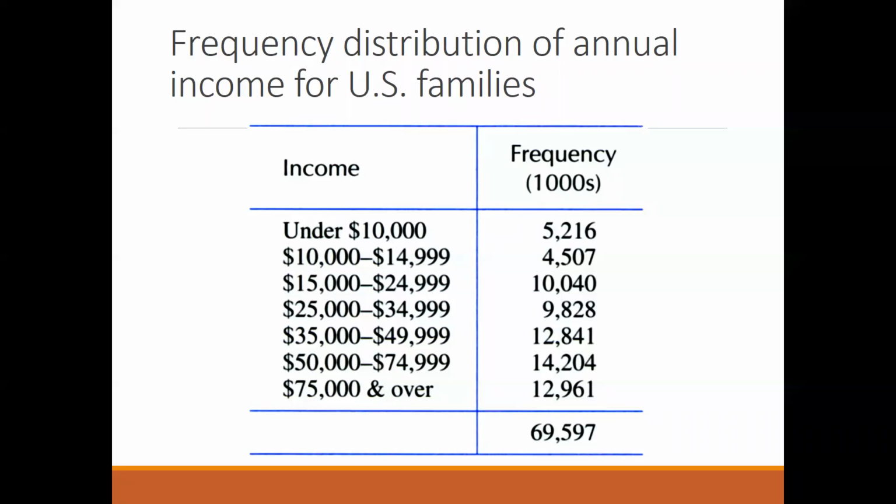Yes, anyone? What is the probability that the salary of the family lies between 15,000 and 49,999? There's something in chat. Let me check it out. Okay, the final answer Advaita has given is 0.46. So that is right, 0.46.